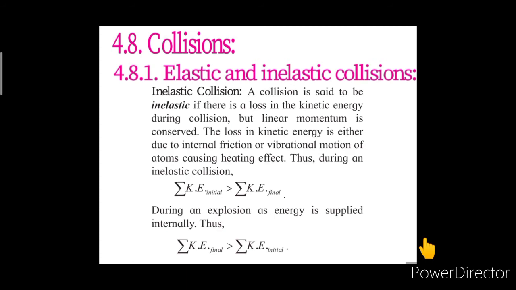For example, if we are throwing a ball from a certain height, for example, from the ground surface we had taken the height 2 meter. So, from the 2 meter we just freely drop the ball, and when it strikes the ground.